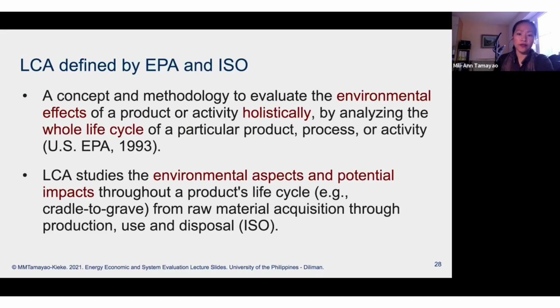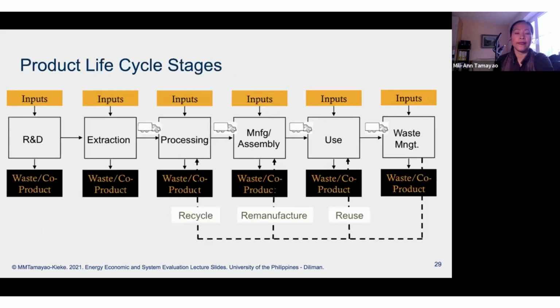Now, these are the definitions offered by the US EPA, Environmental Protection Agency, and the International Standardization Organization, or ISO. So they basically are the same, no? You're looking at the entire life cycle and you're focusing on the environmental impact.